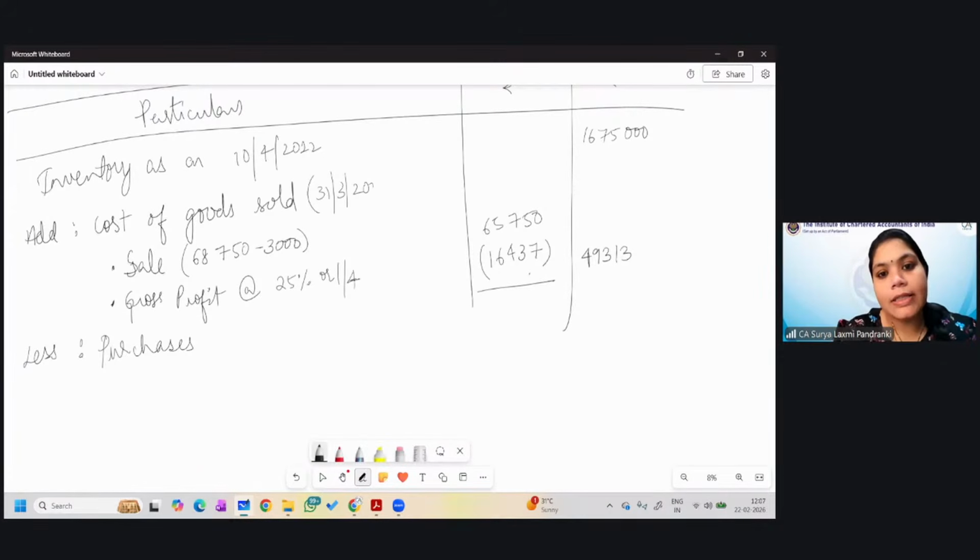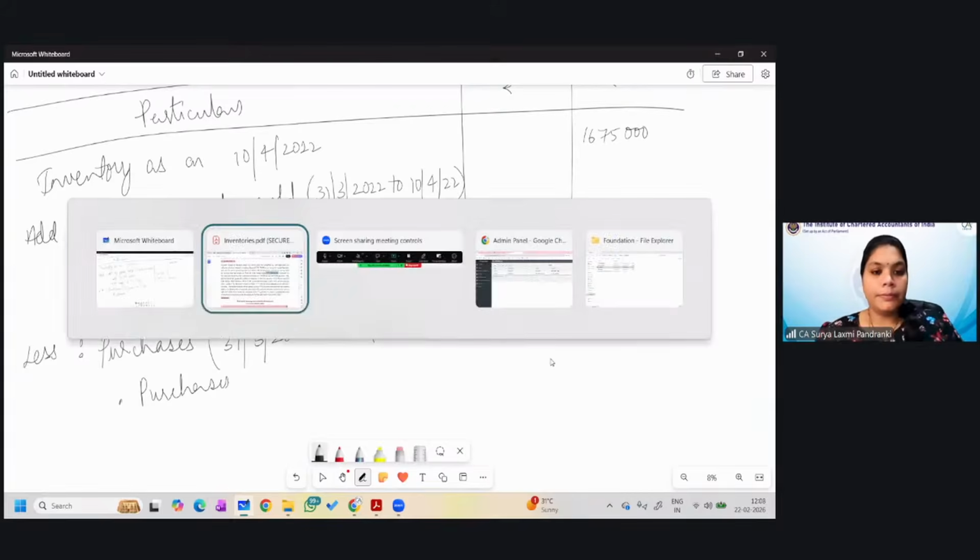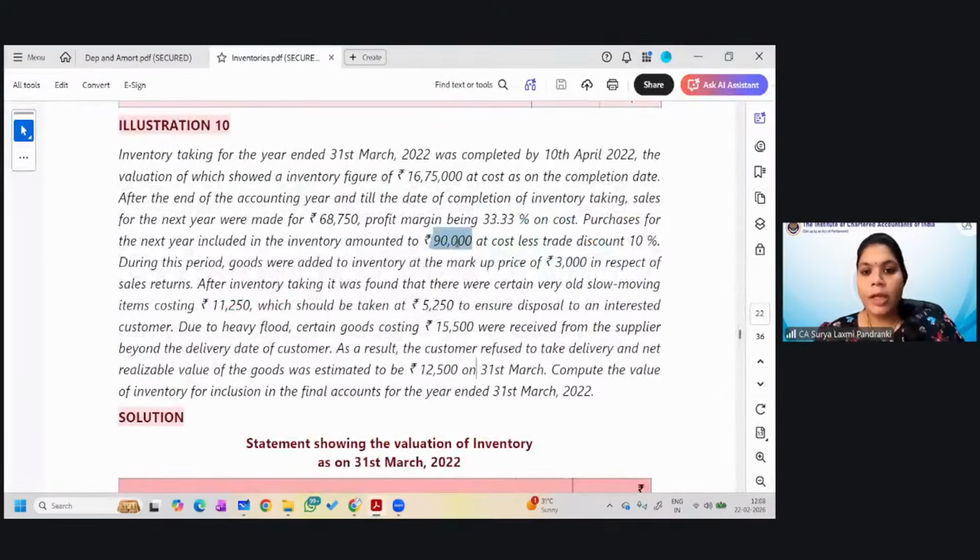So this sales is from 31st March 2022 to 10th April 2022. Same way purchase is also 31st March 2022 to 10th April 2022. Done. So what are the purchases that we have? Going back to the question, it is 90,000.